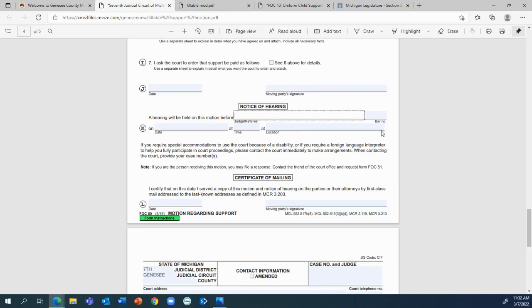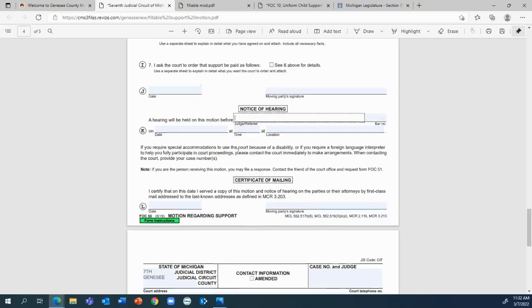Or you could be getting a location like 3rd floor or 5th floor of the Circuit Courthouse, or 1st floor of the Circuit Courthouse, or 2nd floor of the McCree Courthouse, which is where the Friend of the Court is located. So you could have a lot of different locations that could come up there.